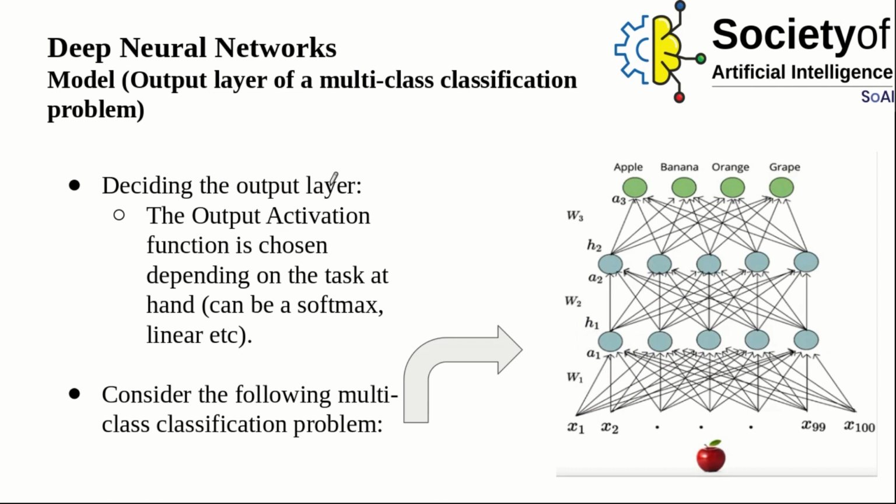So, deciding the output layer: the output activation function is chosen depending on the task at hand. For example, it can be softmax, linear or ReLU. Consider the following multi-class classification problem where we have to classify a fruit as an apple, banana, orange, or grape.